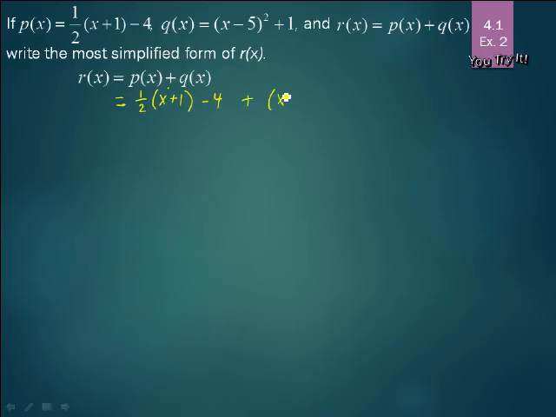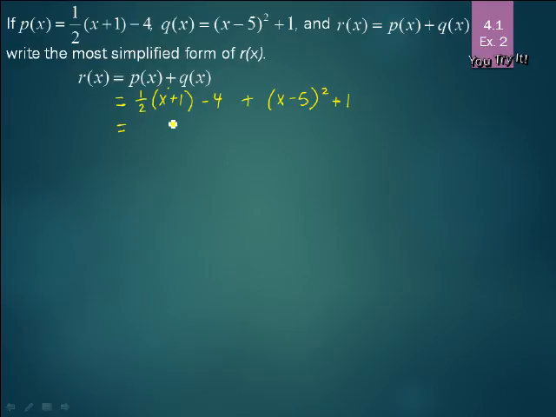And since we're adding, it doesn't matter that we have parentheses around the entire q of x, but if this is a subtraction sign, you'd need to make sure to put extra parentheses around that whole term, since a subtraction would have to affect and distribute in both terms. But anyway, let's keep going. Since this is addition, we're good.